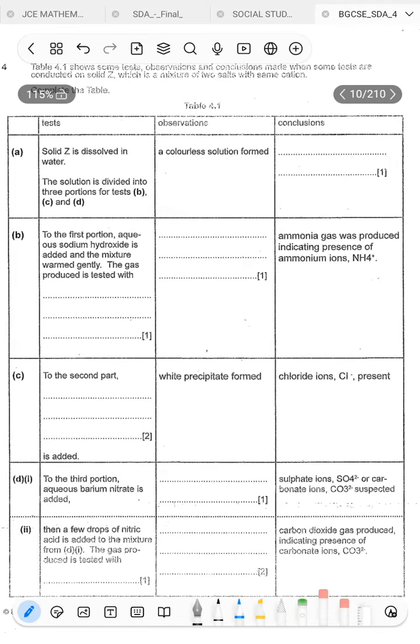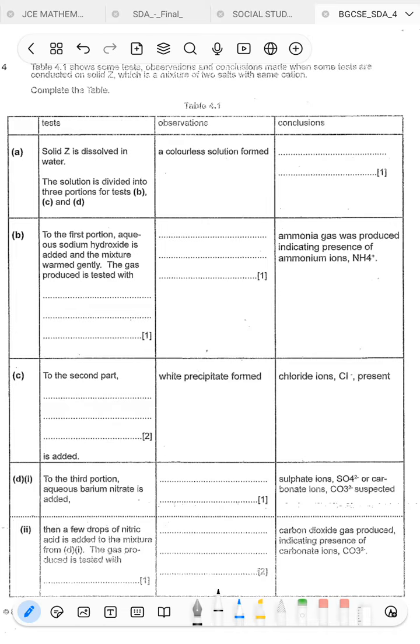A says solid Z is dissolved in water. A solution is divided into 3 portions for test B, C, and D. A colorless solution is formed. Now, when you're forming a colorless solution, it means that whatever solid it was, it has completely dissolved in the water.